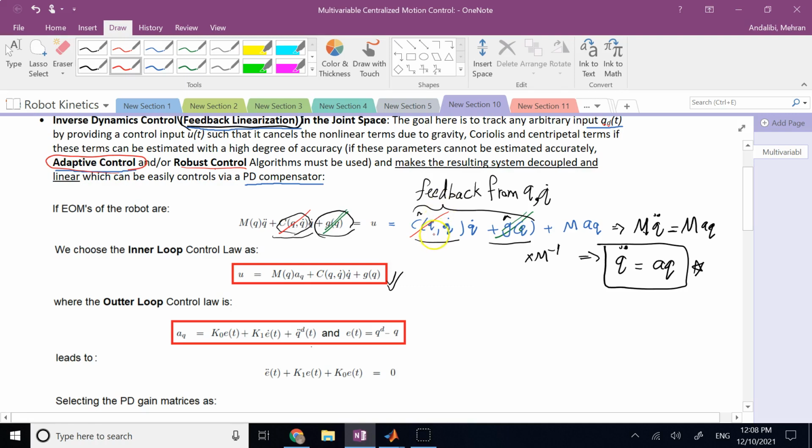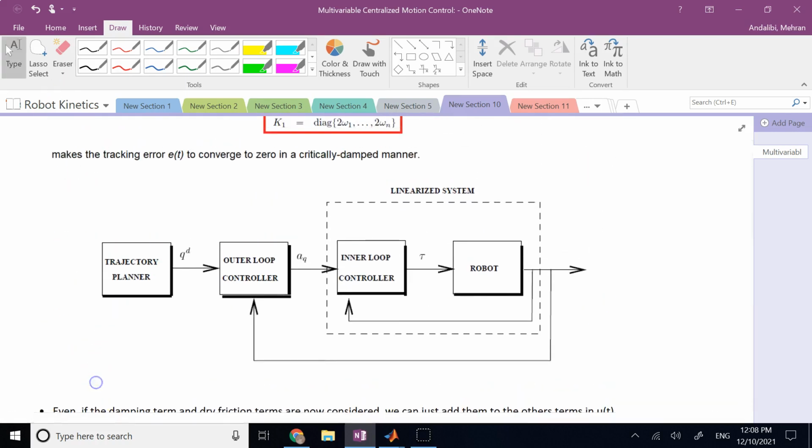So until then, we assume that we know G and C very well, and these two terms will cancel. And also we assume that the M matrix is invertible, and we can get to Q double dot equal A of Q. So that's very good. That's what the inner loop does, cancel nonlinear terms. Now, what about the outer loop?